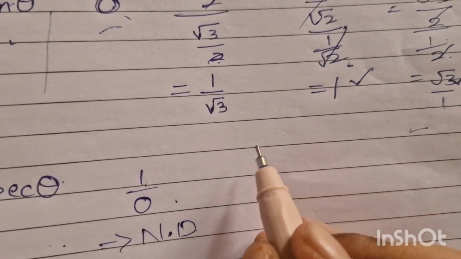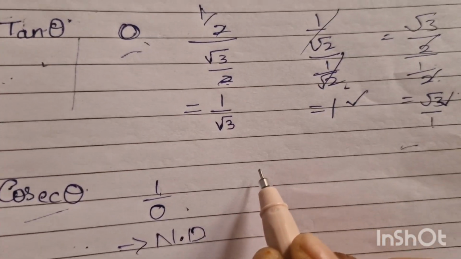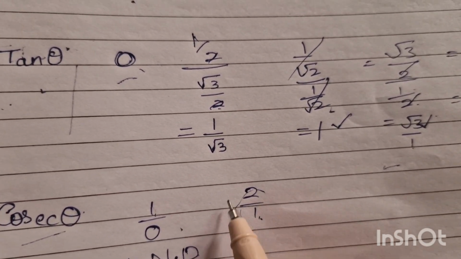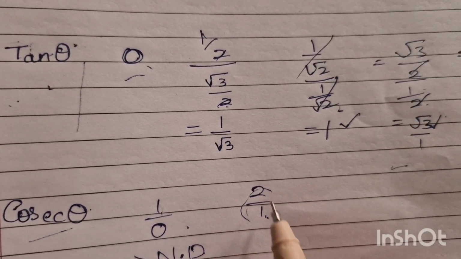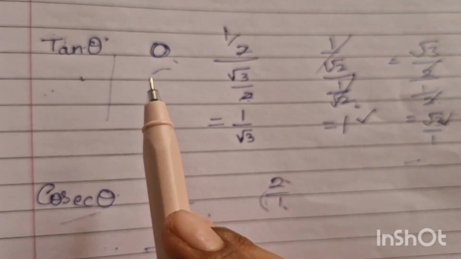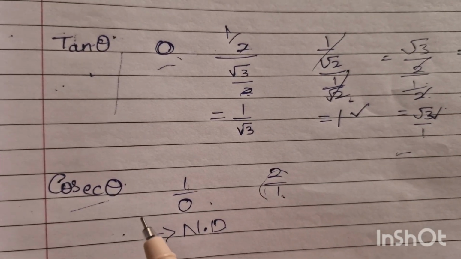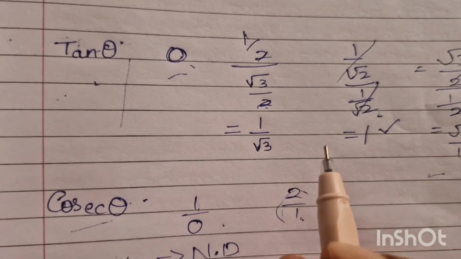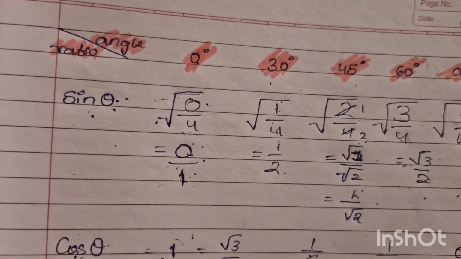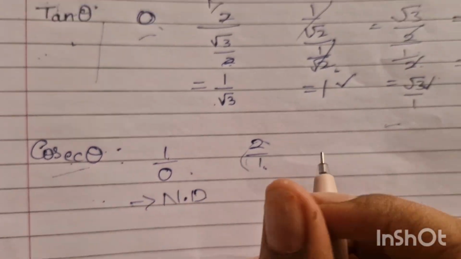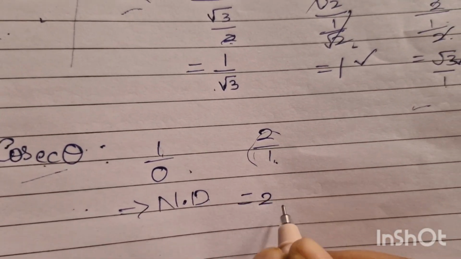As you can see, sine 30 is 1 by 2. Cosecant is the reciprocal of sine, so the reciprocal of sine 30 is cosecant 30. So 2 by 1 is nothing but 2.